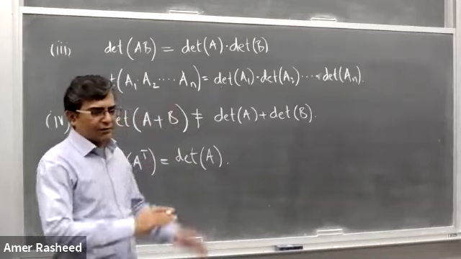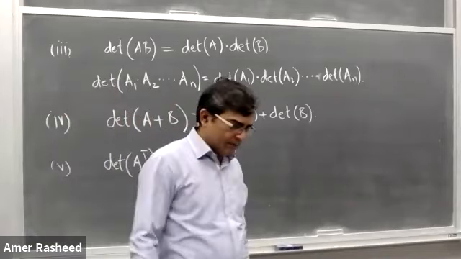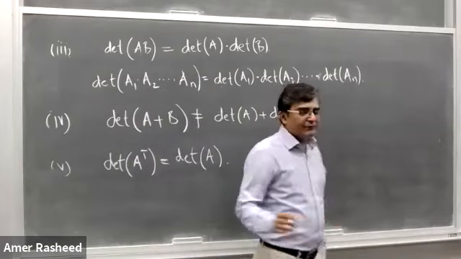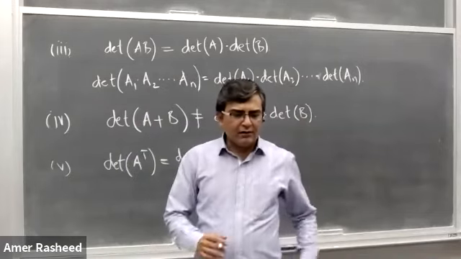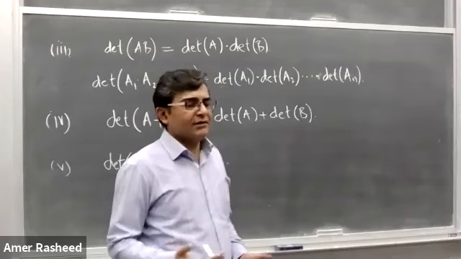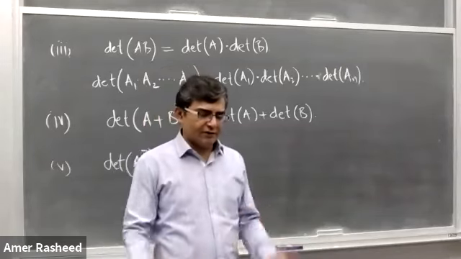So these things are possible. In order to reduce any determinant to echelon form, we can apply a mixture of elementary row operations as well as elementary column operations.